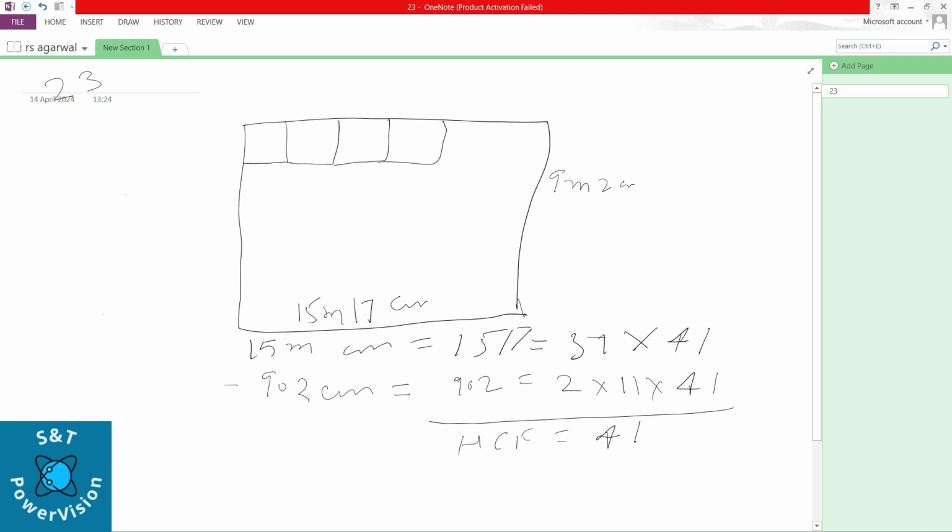So this is the size of each square. It is asking how many tiles we require, so for that we'll find the number of tiles.